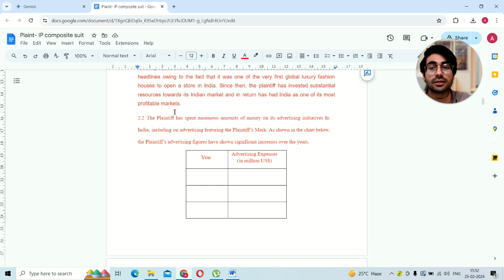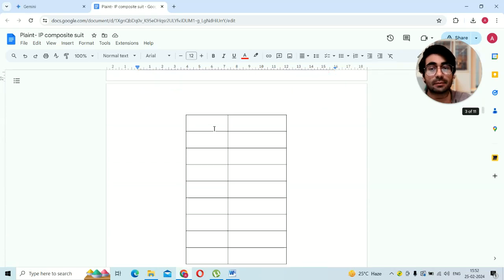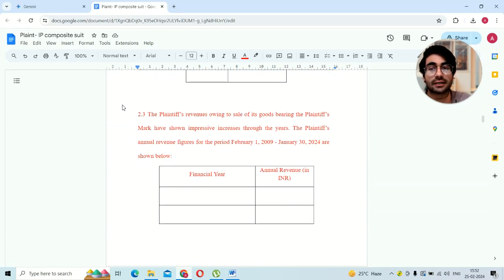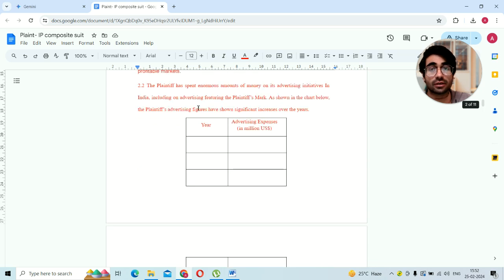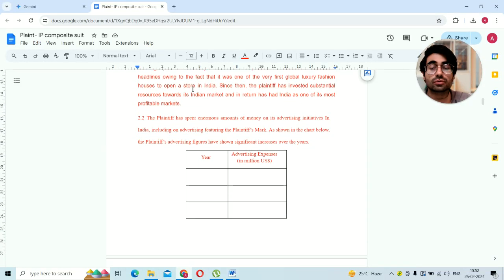And then certain other elements have also been added by me, like the revenues. Firstly, the amount that the plaintiff has spent towards advertising. This is something again that you have to show.